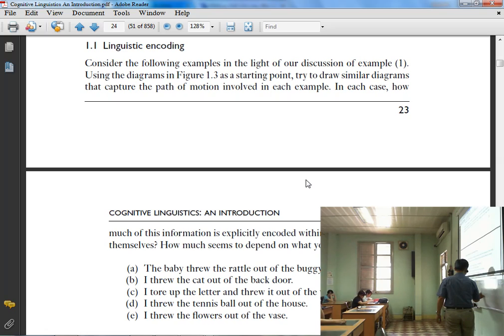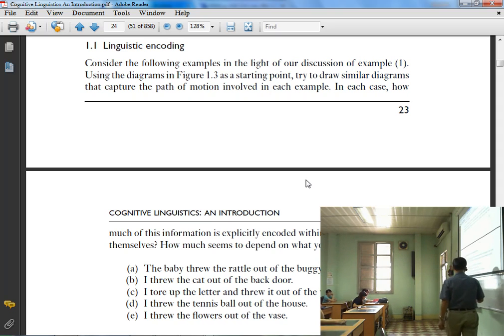Let's say the baby put a hand out and dropped it. It's like this. Right? The rattle is dropped out of the baby cot on the buggy like this. So the part of motion of the object is just that, to the ground.